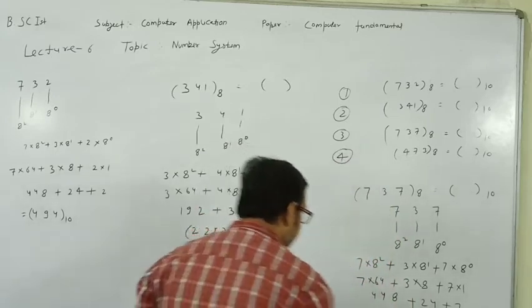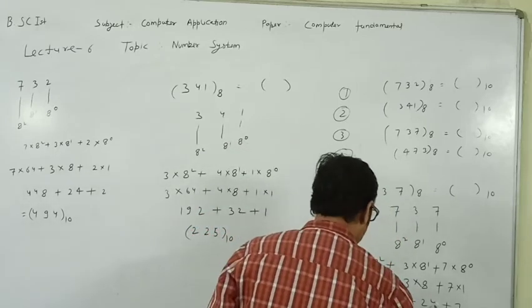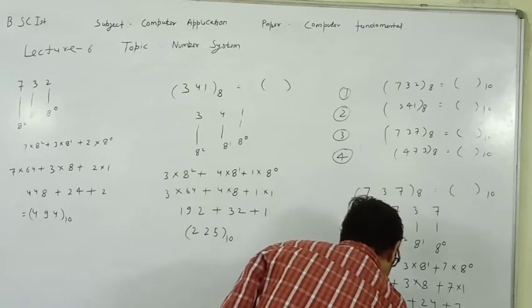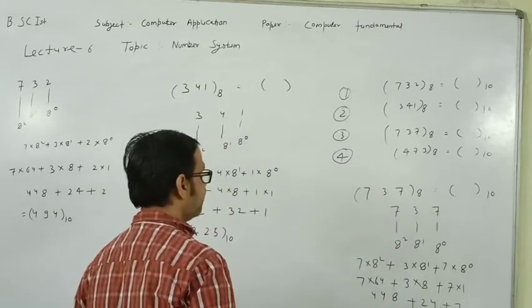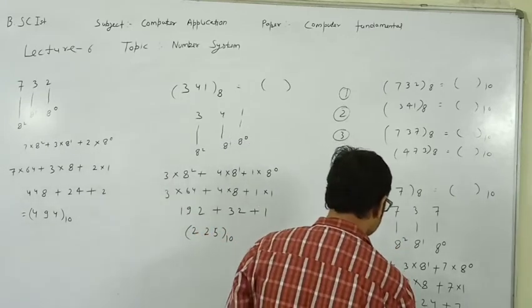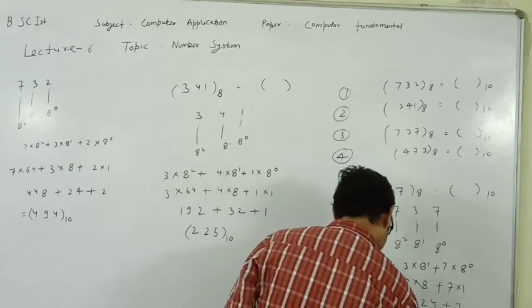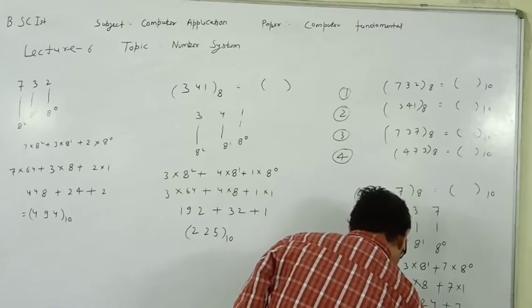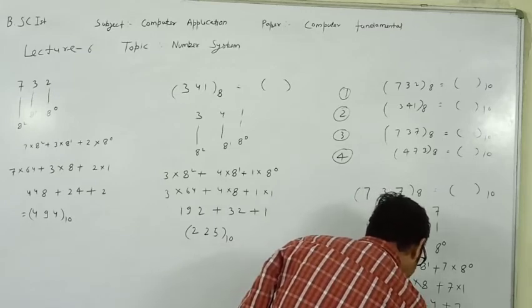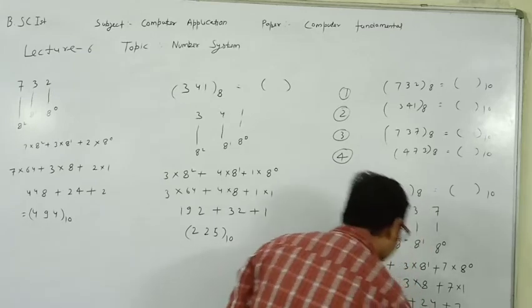Now sum of these numbers: 7 plus 4 is 11, plus 8 is 19, 1 left, 2 plus 4 is 6 plus 1 is 7. So it gives you 479 base 10.